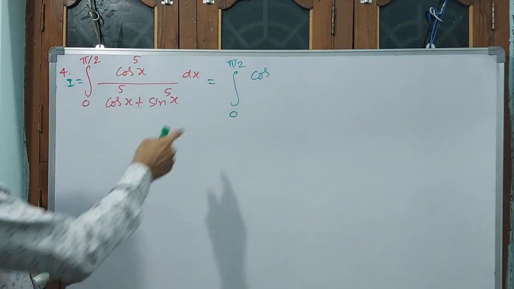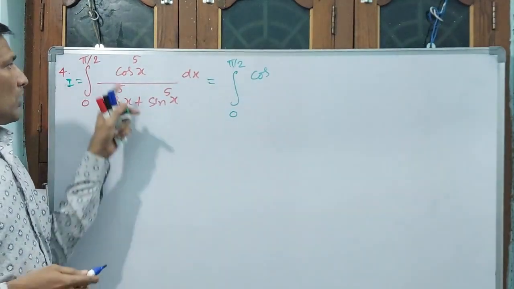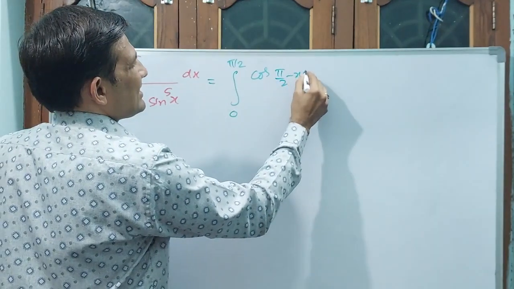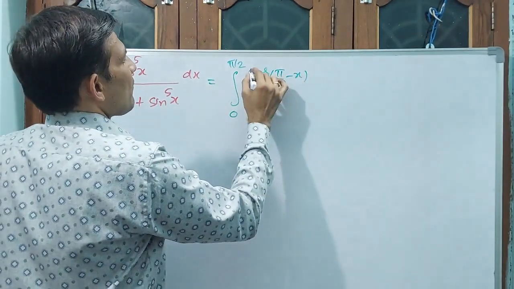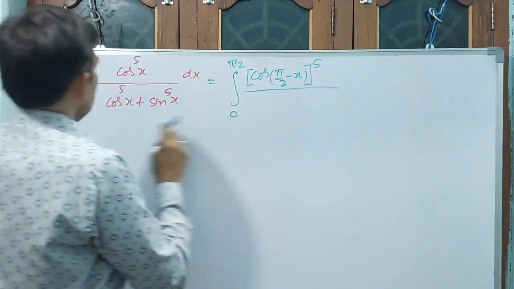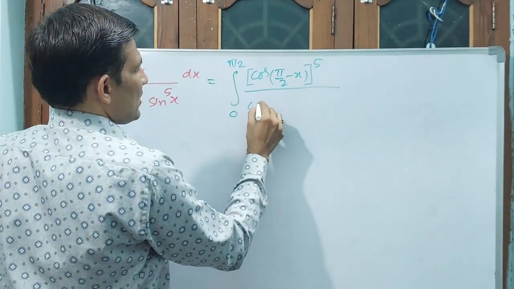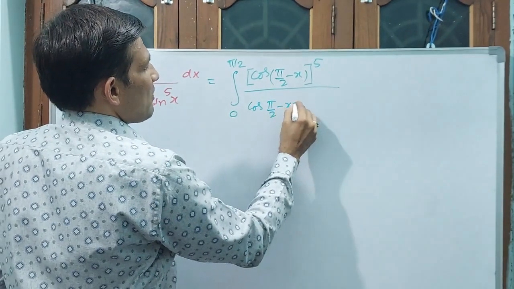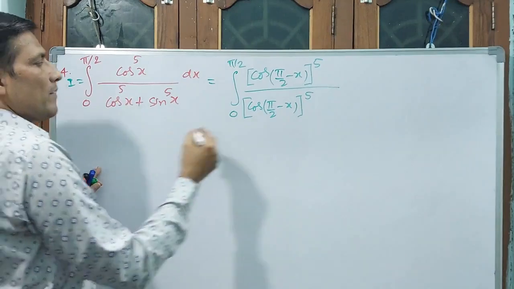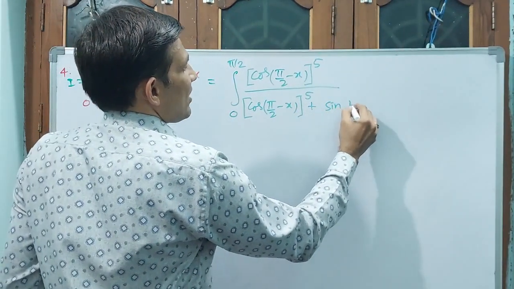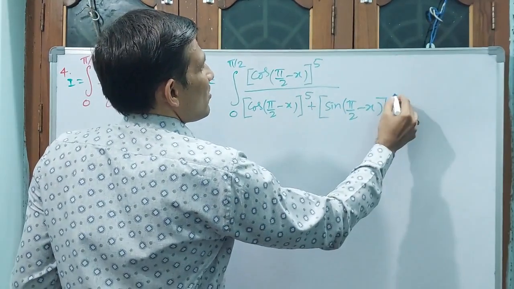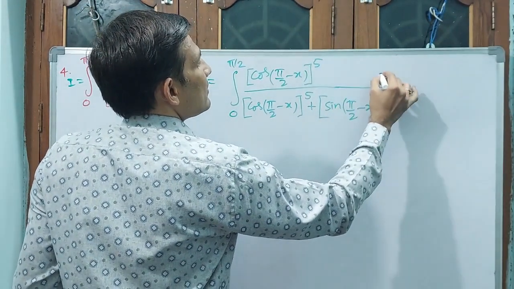Integral 0 to pi by 2 cos of (pi by 2 minus x) whole to the power of 5 divided by cos of (pi by 2 minus x) whole to the power of 5 plus sin of (pi by 2 minus x) whole to the power of 5 dx.